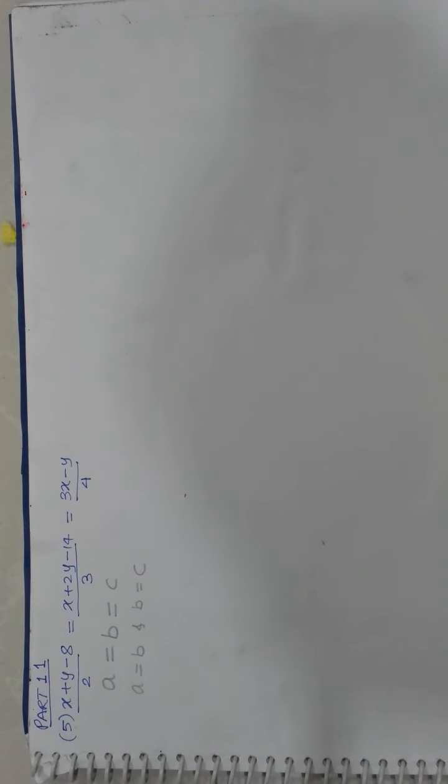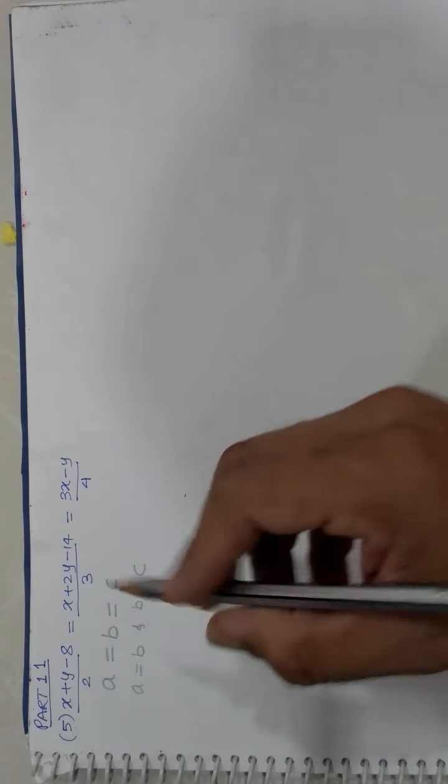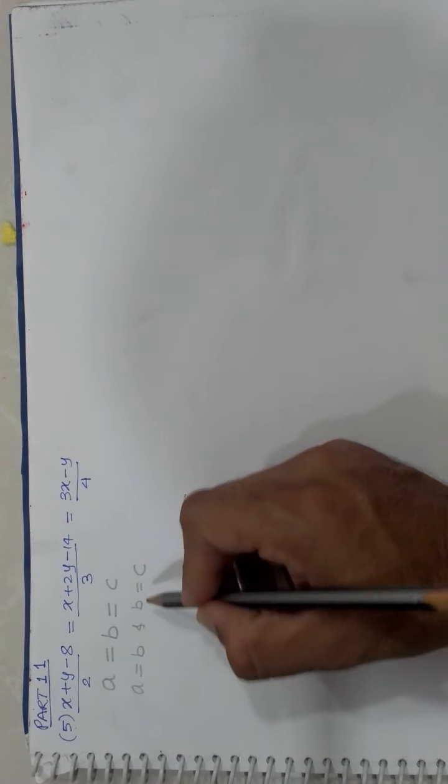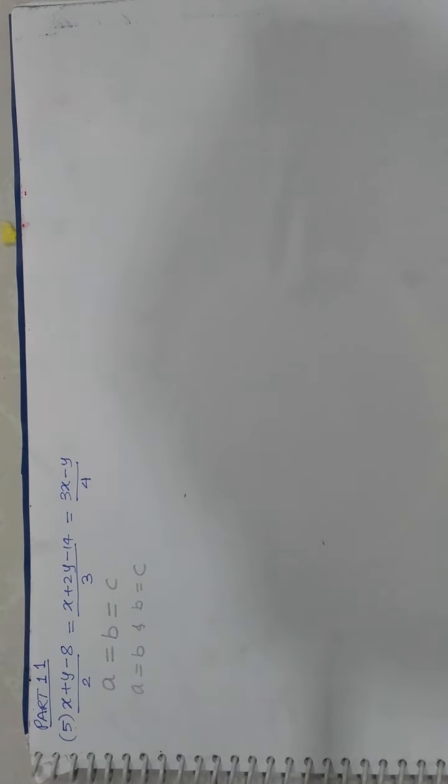Or you can say that all three are equal. That means one of the parts will repeat itself. So which to repeat? I would suggest you repeat the middle one so that you will not make any mistake. Or you can select the easier part to repeat.